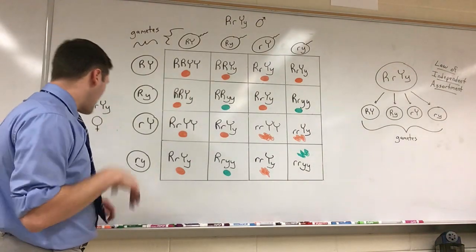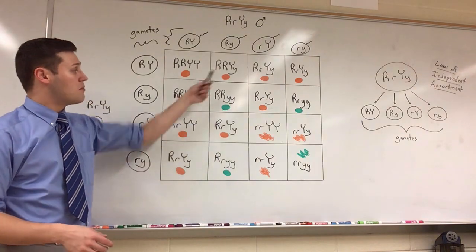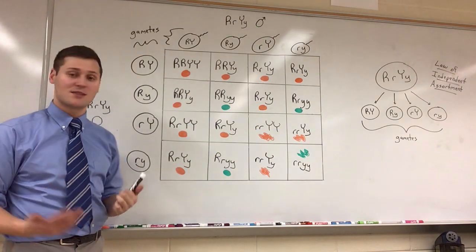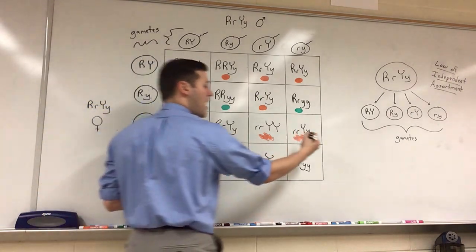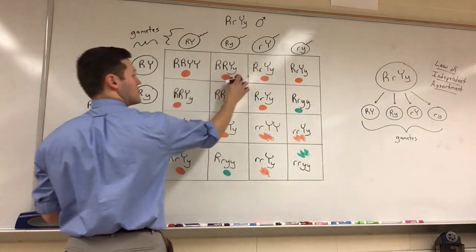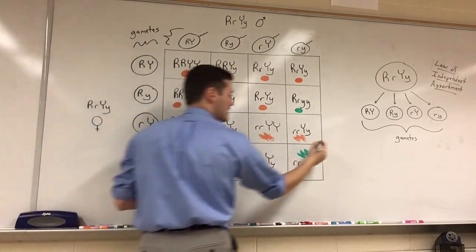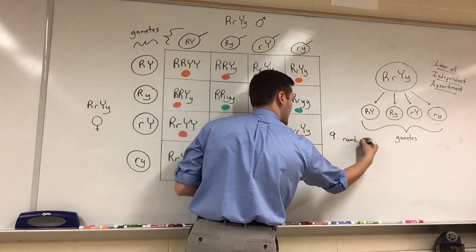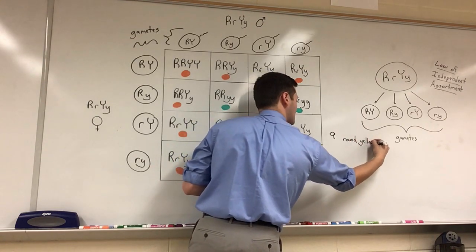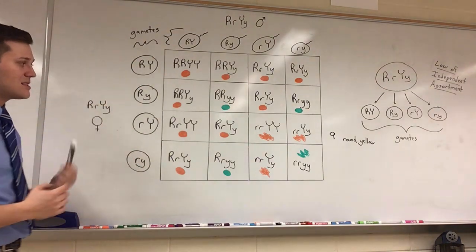So, if you have been counting these, you might notice that there are significantly more round and yellow than anything else. So those are the two dominant traits. If we count them up, 1, 2, 3, 4, 5, 6, 7, 8, 9. So we have 9 round and yellow, dominant, dominant, when we do a dihybrid cross like this.